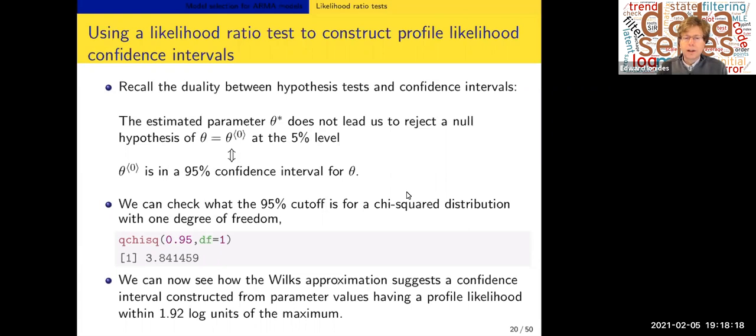And let's see what the 95% cutoff for a chi-square distribution with 1 degree of freedom is. It's 3.84. According to the Wilks approximation, we have to divide 3.84 by 2 to get the likelihood cutoff. So we get this 1.92 that we saw before for the profile likelihood.